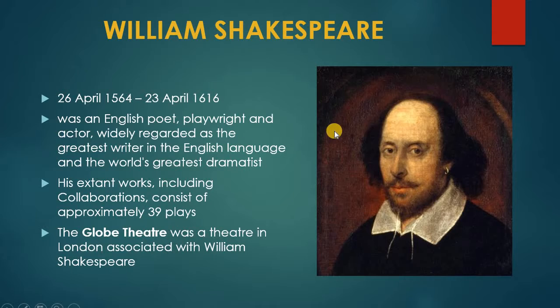He was an English poet, a playwright, and an actor, widely regarded as the greatest writer in the English language and the world's greatest dramatist. That is why he is famous among the famous. His extant works, including collaborations, consist of approximately 39 plays.